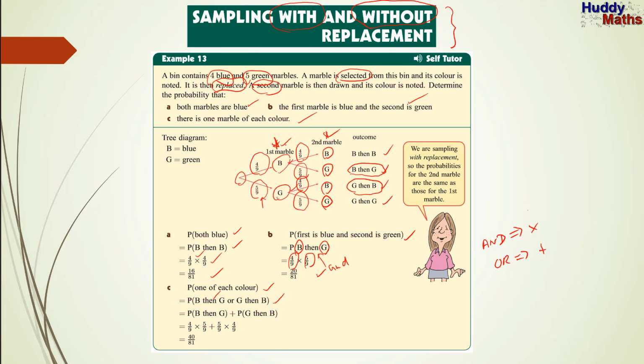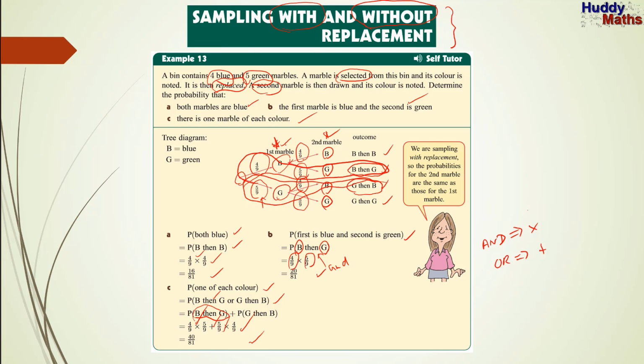So you want these 2, blue and green. So here, let's have a look. This is this row here. So it's 4 ninths times 5 ninths. Or, so we're going to add the probability of green then blue, which is this one here. So it's 5 ninths by 4 ninths. So it's 40/81, if you like.